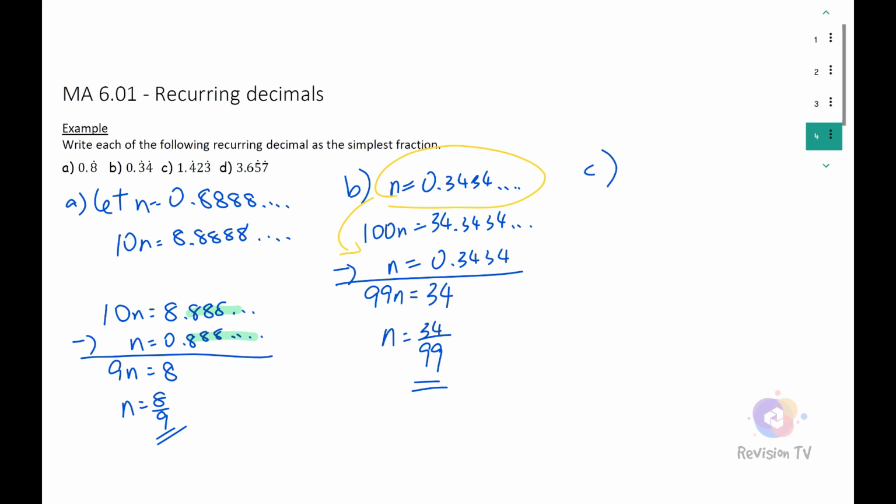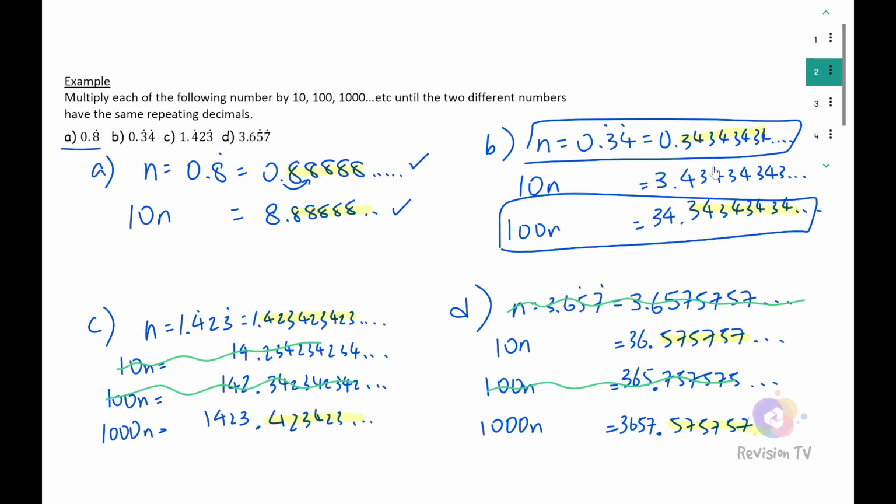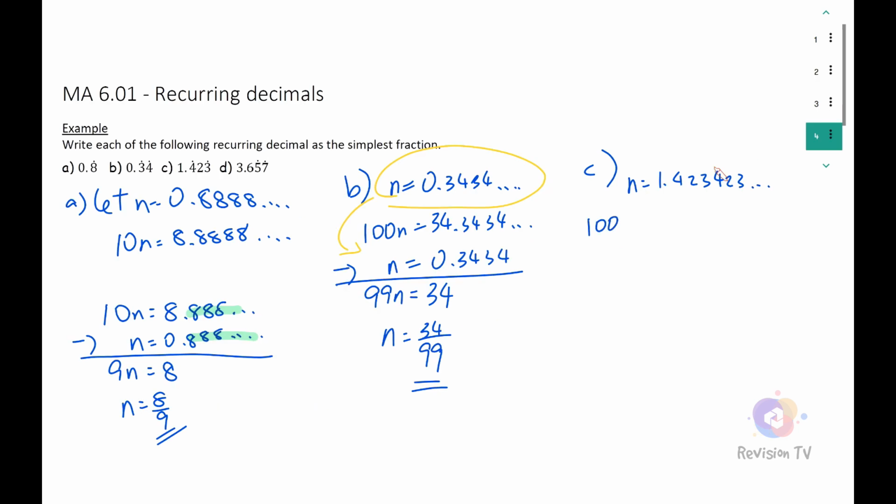Question C, 1.423 recurring, so n equals 1.423423. Let me have a look at the previous one. For 423, I have to use 1000n, so 1000n equals 1423.423423, etc. Again, do the same trick. I'm going to bring this down here. So n equals. Note how I line up the equal sign, and also the decimal points as well.